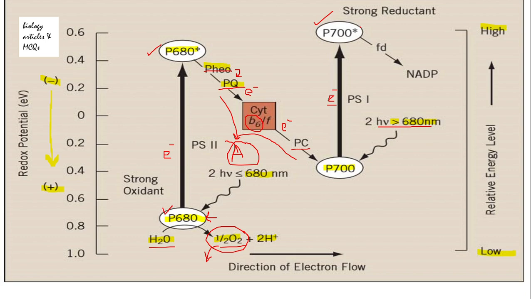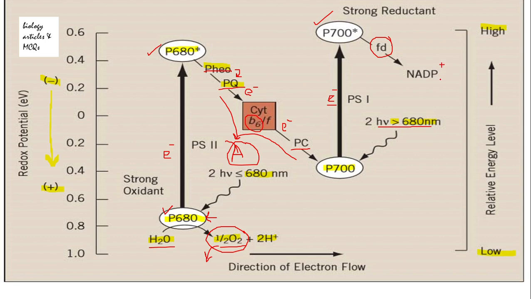After the filling of the electron hole that was created in the P700 molecule, the electron acceptor of the P700 will now transfer the electrons to the ferredoxin, and the ferredoxins are small proteins that contain iron and sulfur. These ferredoxins will then transfer the electrons to NADP plus.